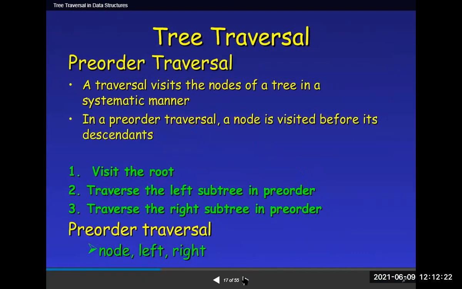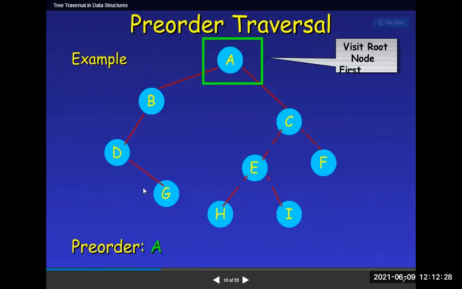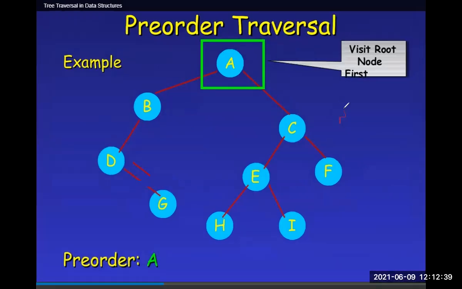First see the pre-order traversal. This is the tree. What is the pre-order traversal here? Pre-order traversal means you first visit the root, then left, then right. So what is the root here?